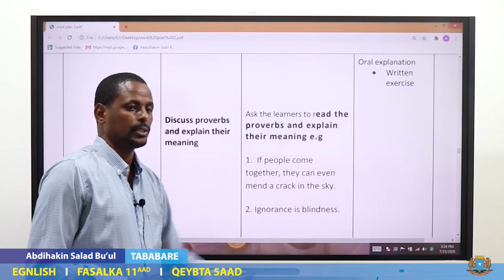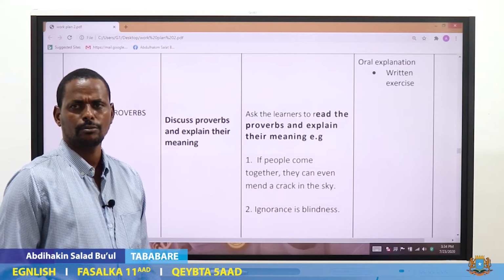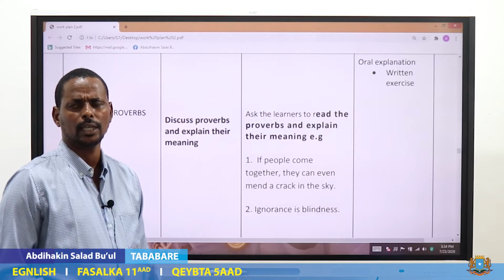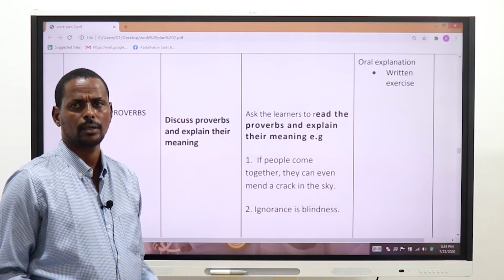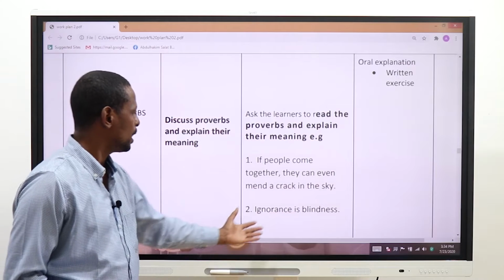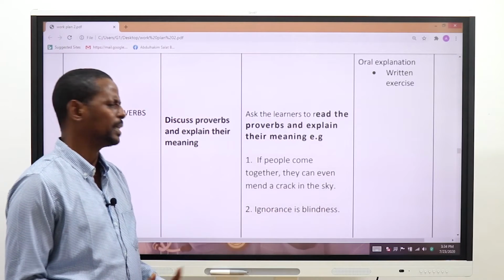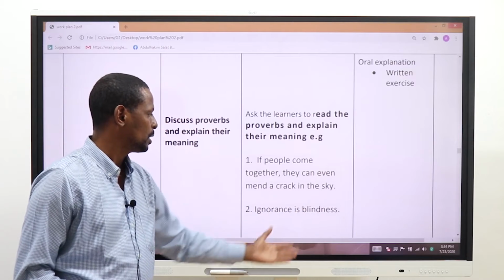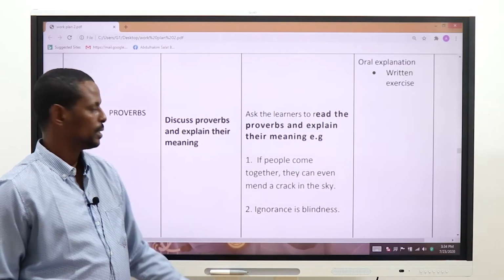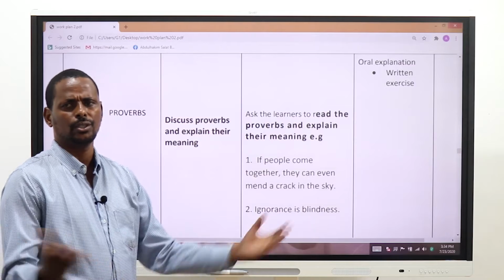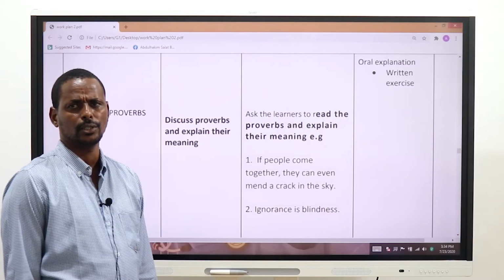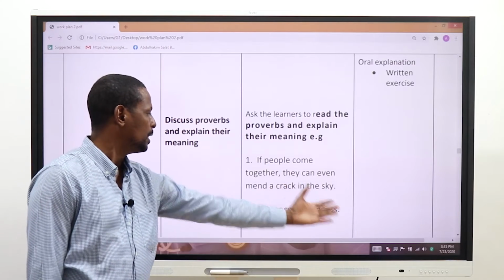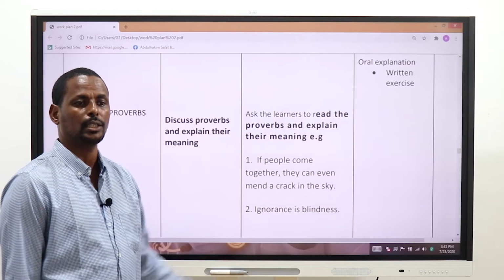Ignorance is blindness. If someone is ignorant, he doesn't know, he is like a blind person. It is blindness. This means someone who is ignorant, the outer meaning, someone who is ignorant cannot see. Ignorance is blindness. But what is the implication? What does it imply?